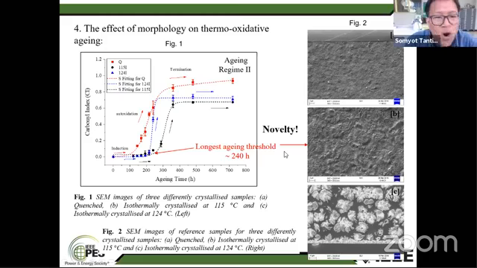And if more oxygen diffuses into the system, the aging process will go faster. So as you can see, the blue line here, 124I, has the lower aging threshold, about 198 hours. So this slide shows that if we can control the morphology of the polyethylene insulation, we can control the aging process as well.